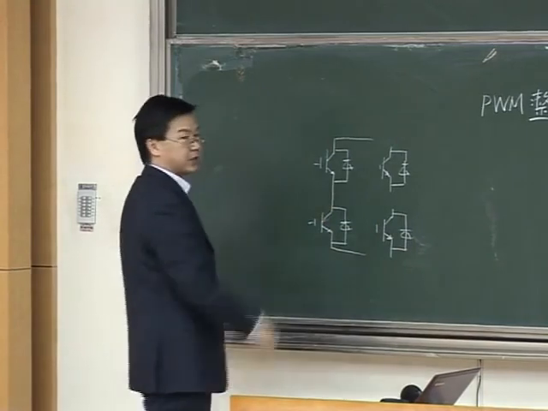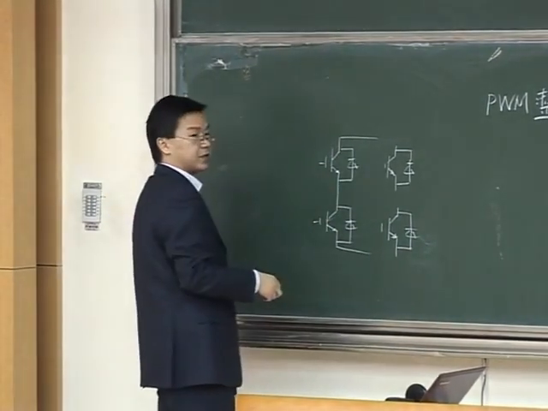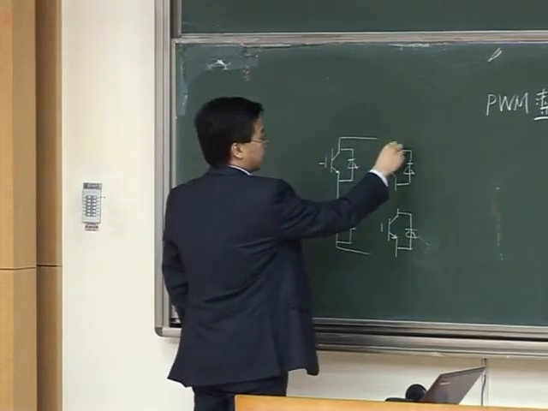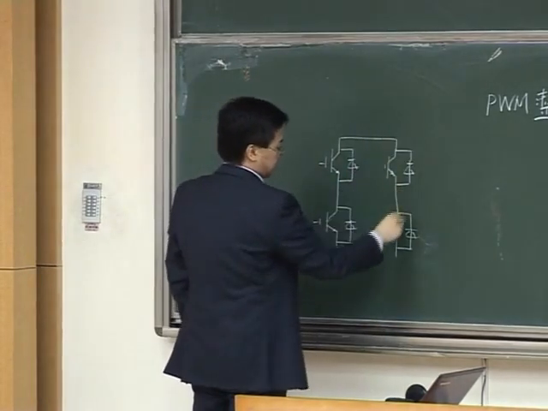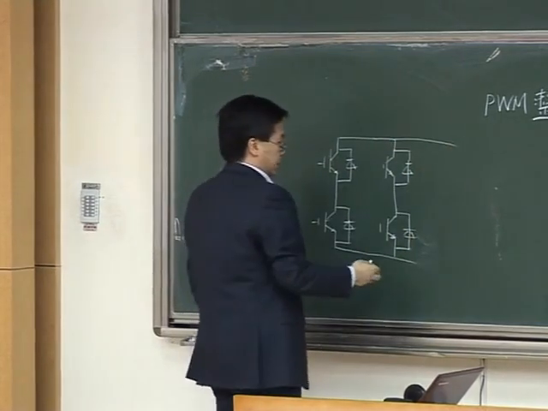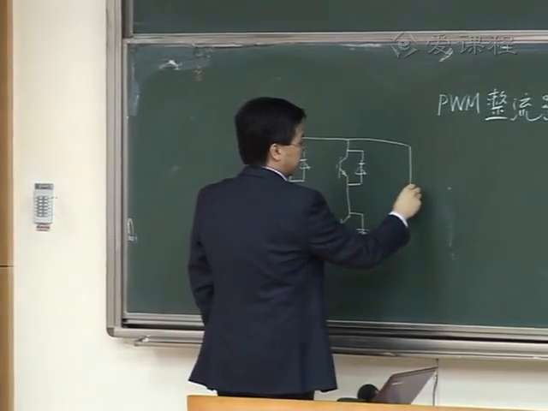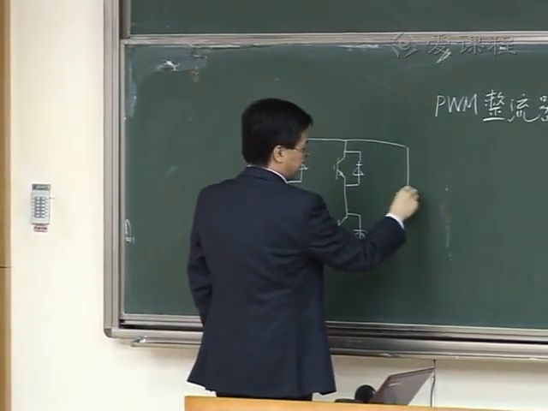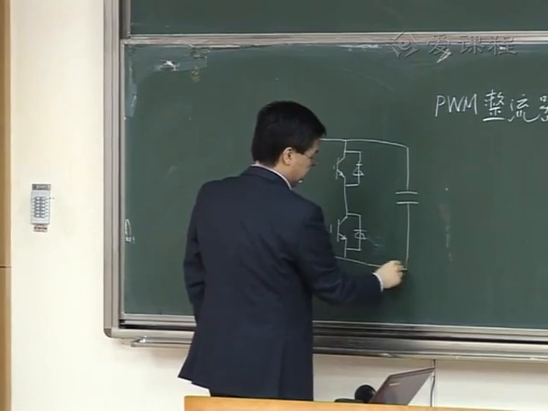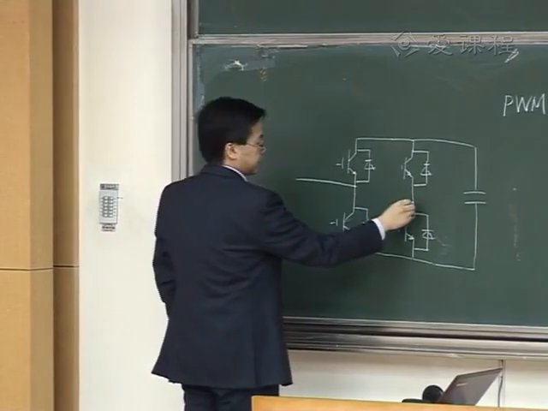Usually, I draw the IGBTs and diodes first, and then I connect all these lines. Let's say this is a single phase bridge inverter, and the right hand side is DC side, and the left hand side is AC.